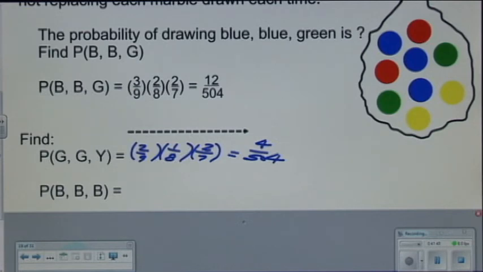How about blue, blue, blue? Well, let's see. Blue, there will be 3 ways out of 9 for the first event, 2 ways out of 8 in the second event, 1 way out of 7 in the third event, for a grand total of 6 ways out of 504.